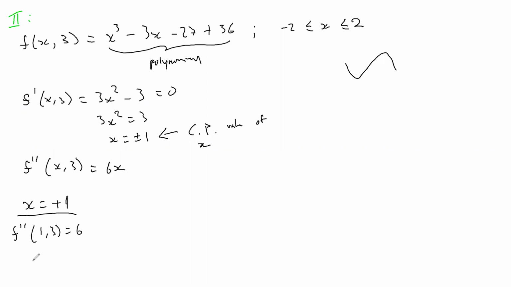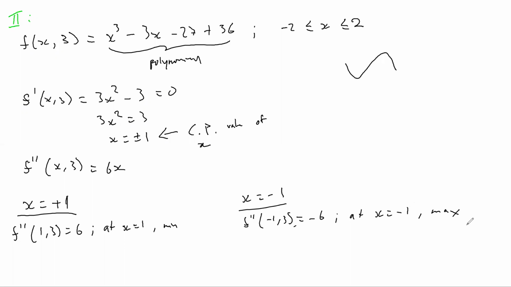Hence, this implies that at x equal to 1, it's going to be a minimum. While at x equal to negative 1, f double prime of (negative 1, 3) is equal to negative 6. So this implies that at x equal to negative 1, it's going to be a maximum value, right? Because these are the only 2 critical points of the polynomial.